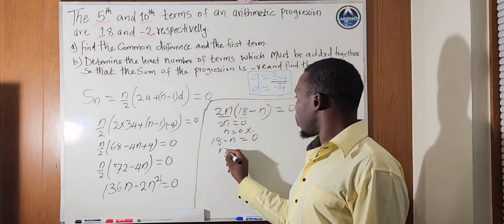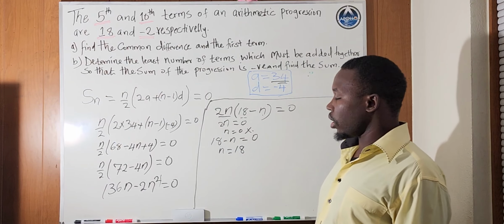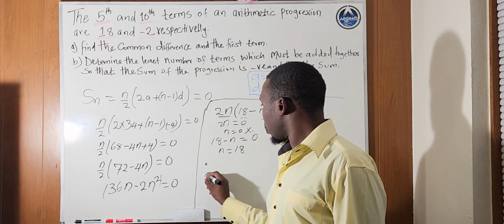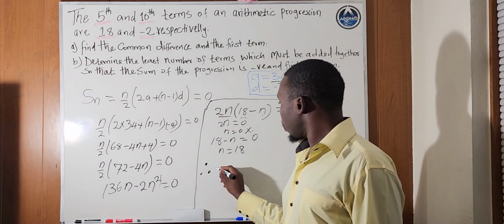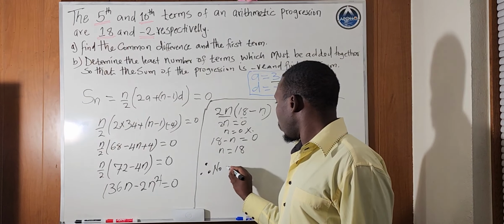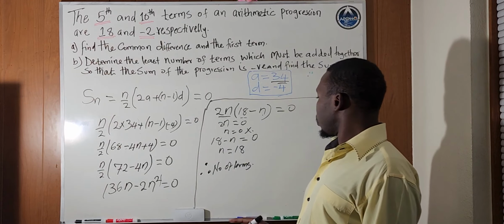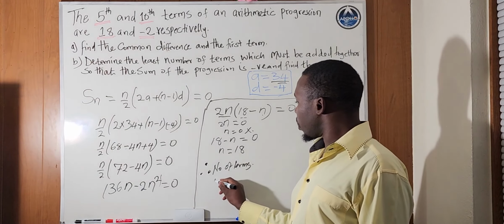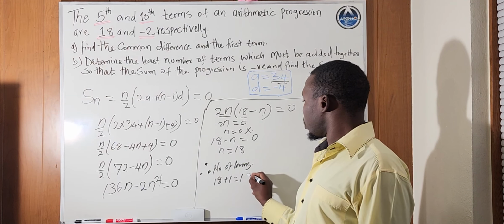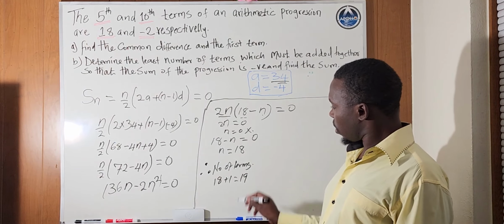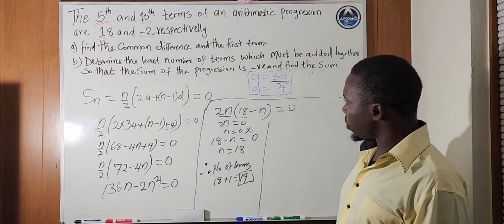So our n equals 18. Therefore, the least number of terms will be 18 plus 1, which will be 19, from this equation here. But the question is not yet done.